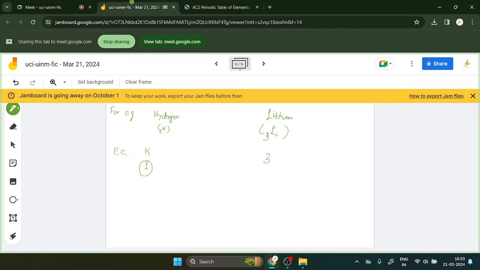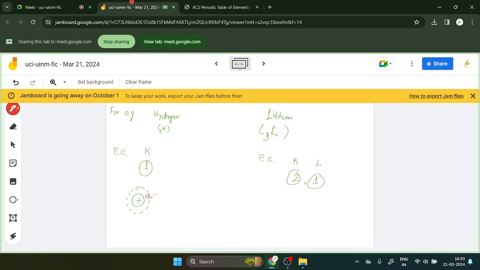Let's write the electronic configuration. Hydrogen has 1 electron in the K shell. For lithium, the K shell has 2 and the L shell has 1, so there are 2 shells. If I draw the atomic structure, this is the nucleus, with the K shell and 1 electron in the outermost shell.